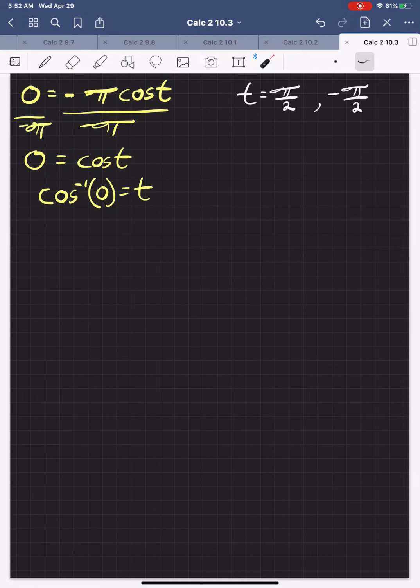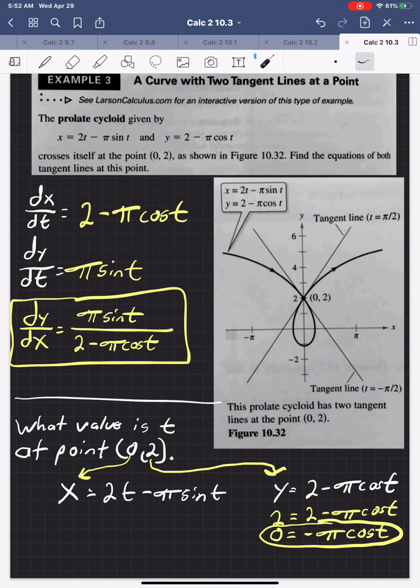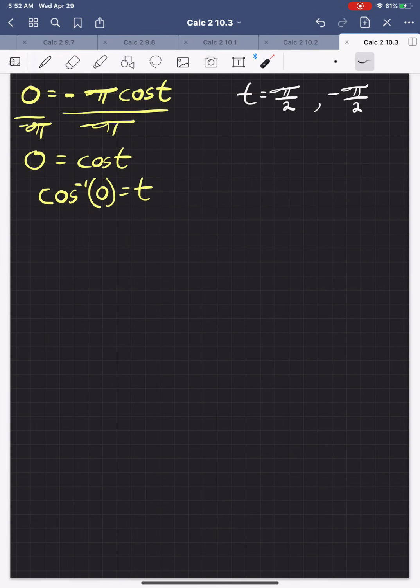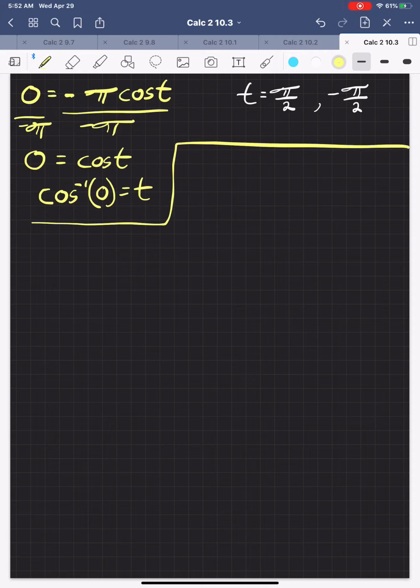You would do the same here with your x value, but what we end up with is that t is equal to plus or minus pi over 2. So we're getting two t-values.